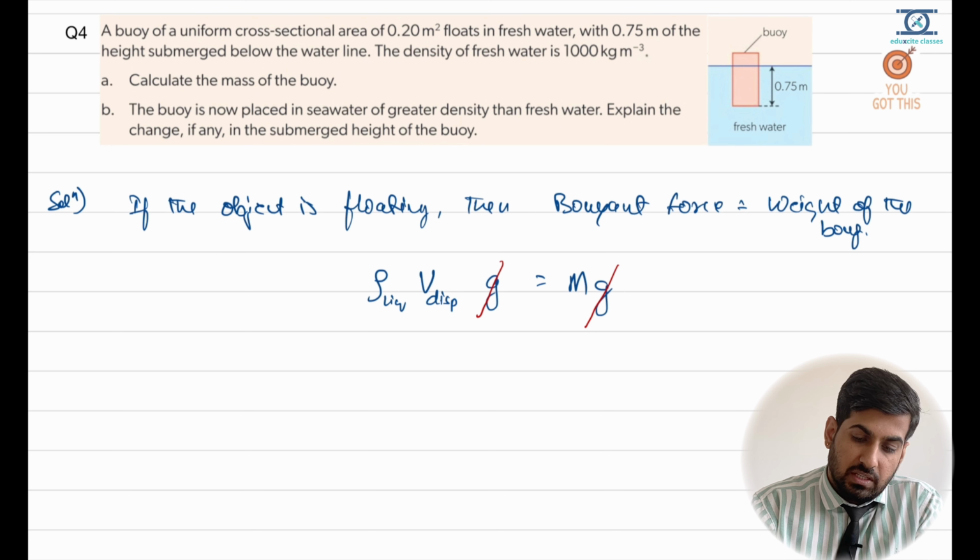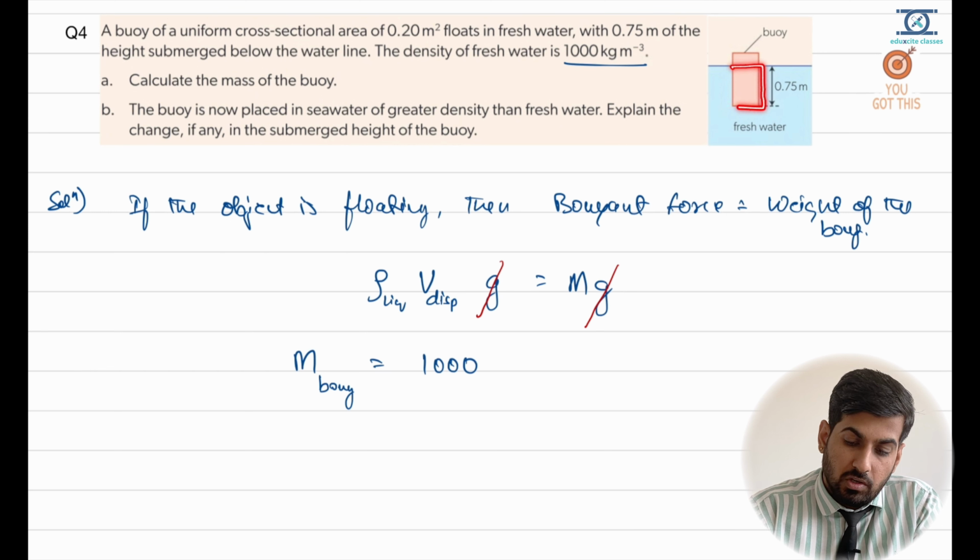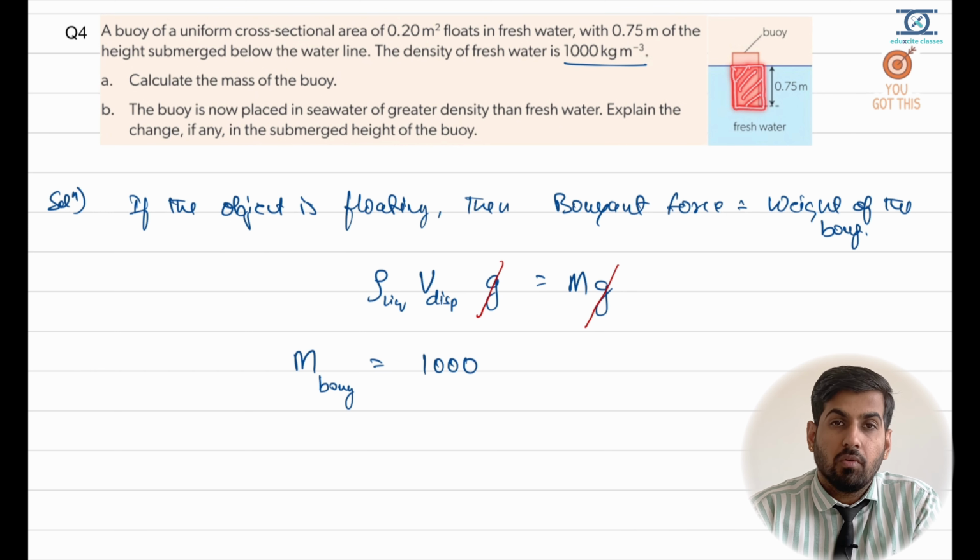So in other terms, I can say the mass of the buoy will be equal to the density of the liquid, which is given to us as 1000, times the volume displaced, which is the volume submerged in the water.